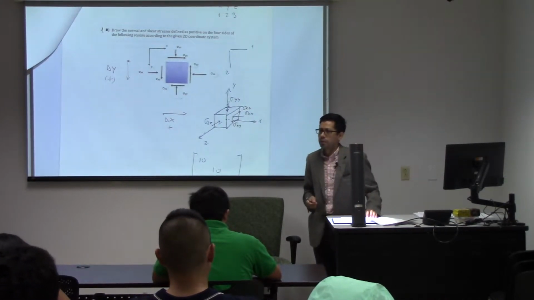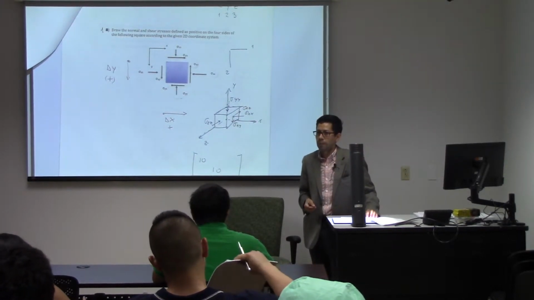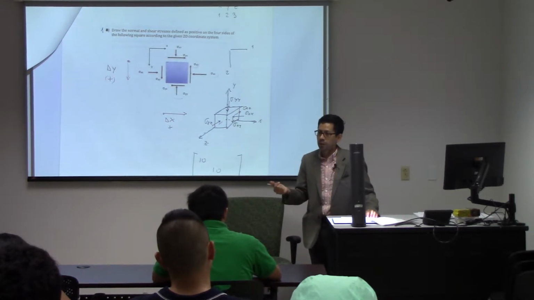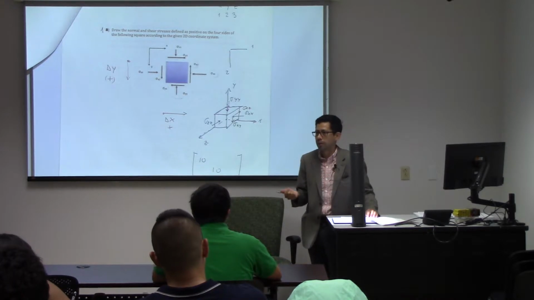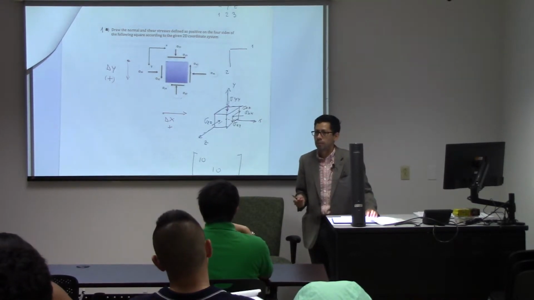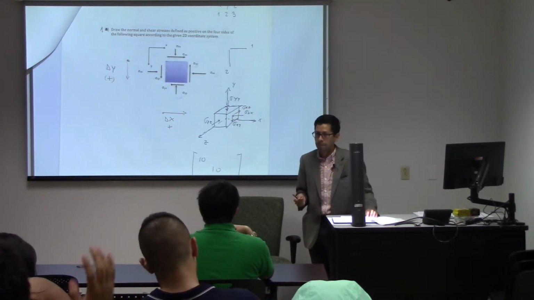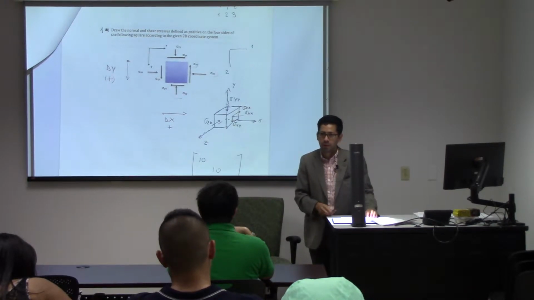Any questions about this problem? I like that you're comfortable dealing with X, Y, Z, and also with axes that are called 1, 2, 3. It's the same thing. Okay? Yes, Mr. A1.